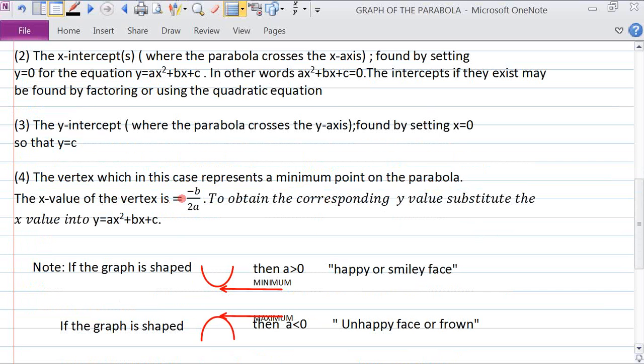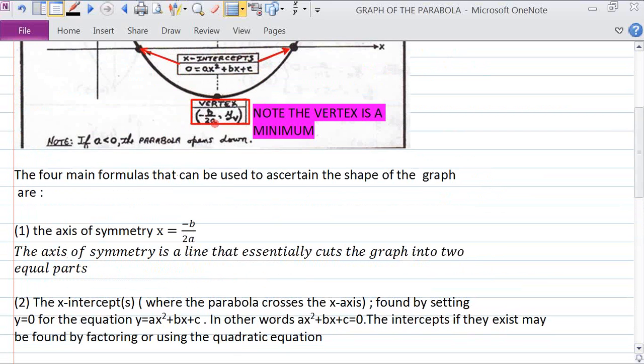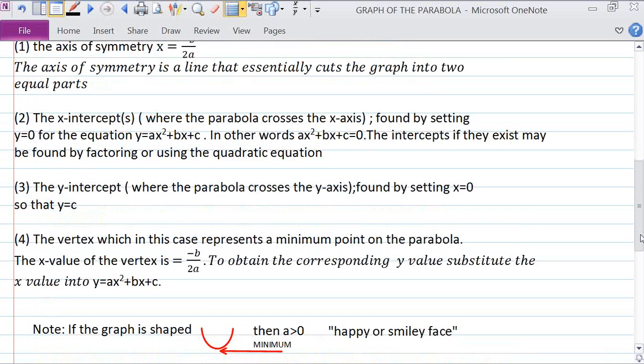The x value of the vertex is minus b over 2a. To obtain the corresponding y value, substitute the x value, minus b over 2a, into this, and you get the corresponding y value. So you can see over here, there's an x value and a y value associated with the vertex.